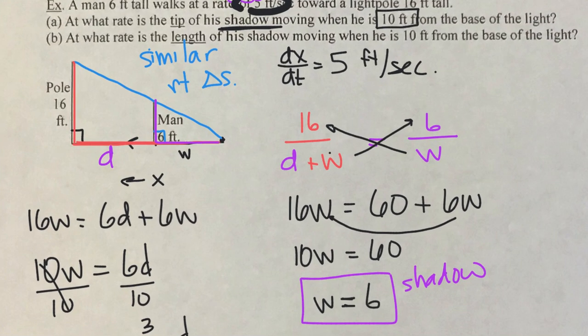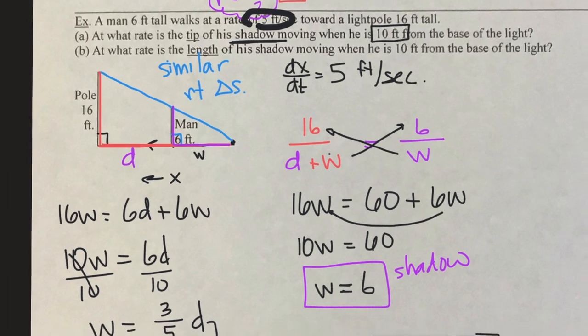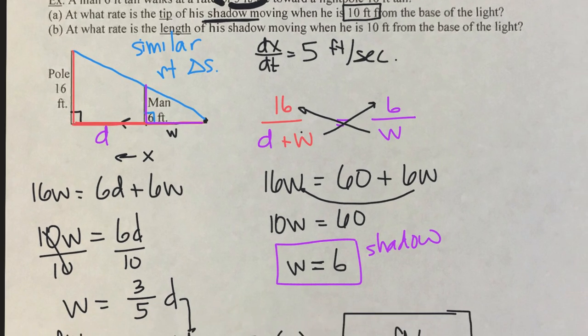Part B, at what rate is the length of his shadow moving when he is 10 feet away from the base? So that was the tip of his shadow. Maybe we just figured out part B, and we need to go back and figure out what part A is, right? Because part A, the tip of his shadow, is way over there.